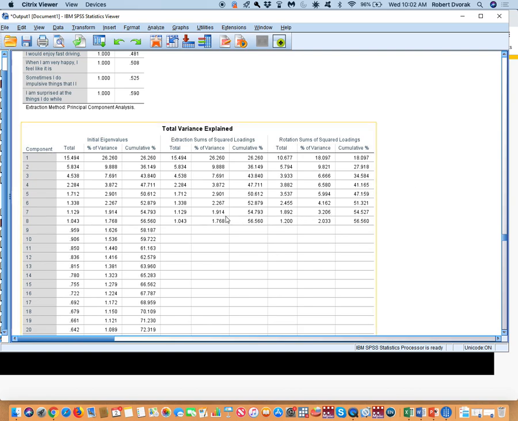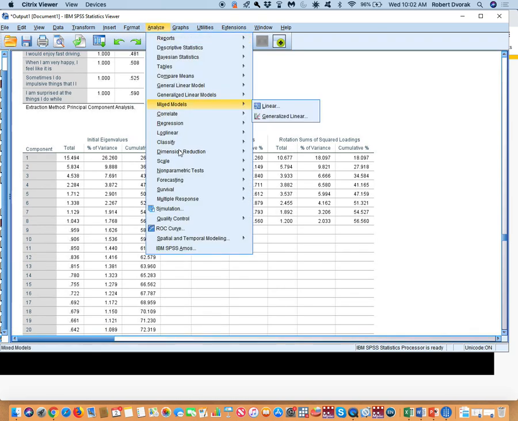Notice here, we also get much higher eigenvalues for this initial factor. And since we stopped at an eigenvalue of 1, we don't actually get eigenvalues after our rotated factor. Let's do something. Let's go analyze. We'll come back. Don't worry about it.